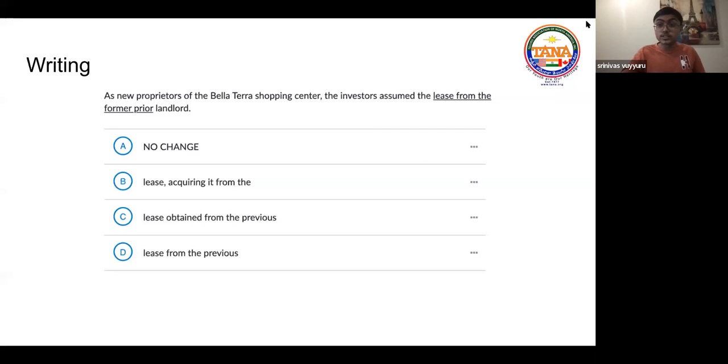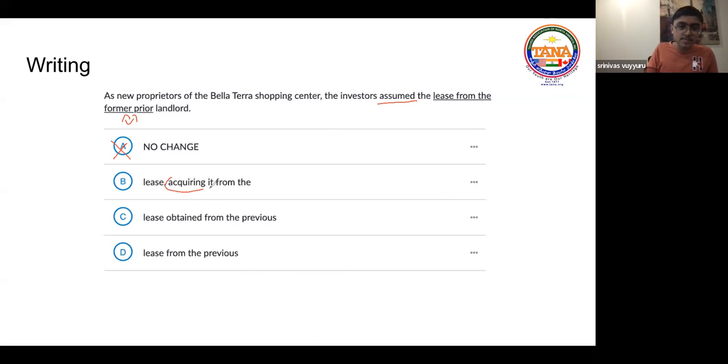All right, I'll do this problem now. So for this type of problem, first of all, let me just get the draw button. It's not going to be no change, simply because former and prior mean the same thing. Former and prior basically mean the original owner, or the previous owner. So it can't be no change. Assumed, in this context, basically means you acquired it from.